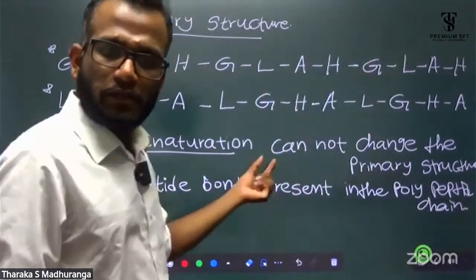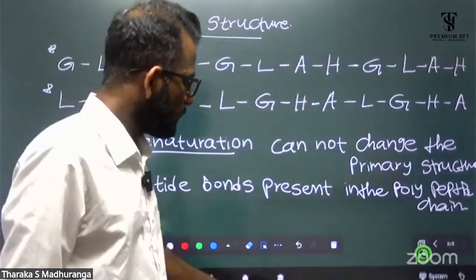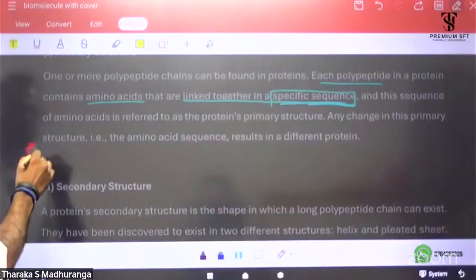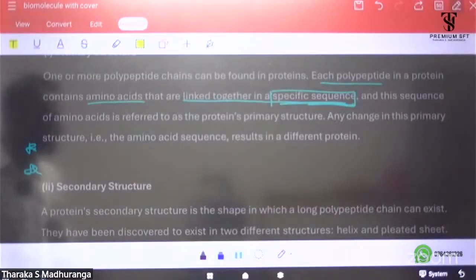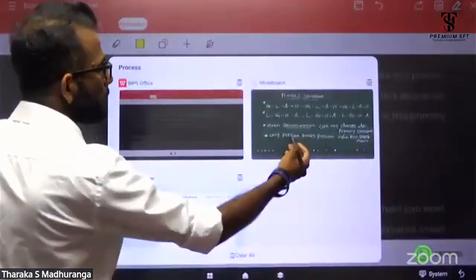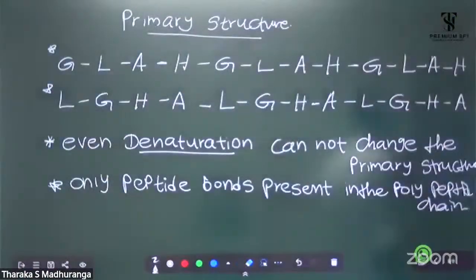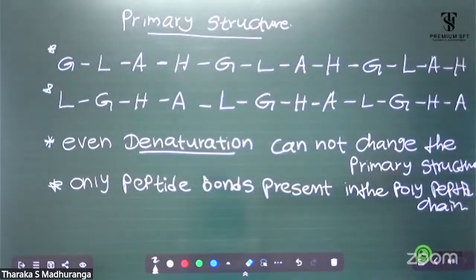Please note down these 2 points. Even denaturation cannot change the primary structure. Only peptide bonds are present in the polypeptide chain, no other type of bonds.